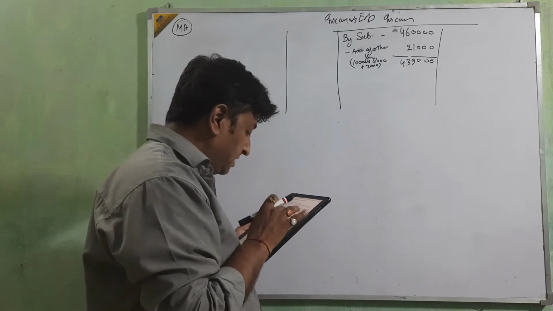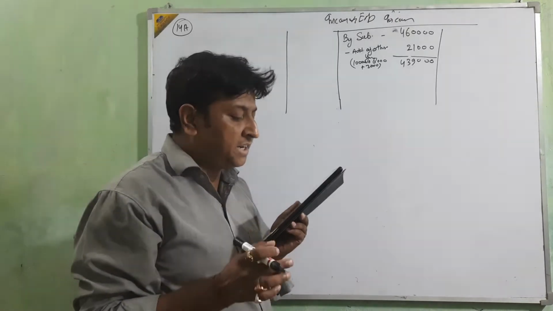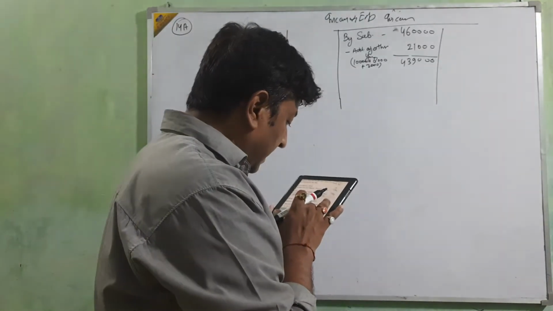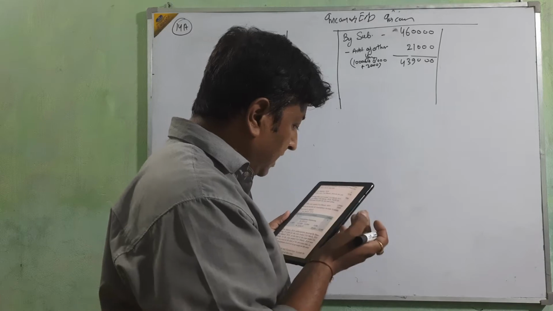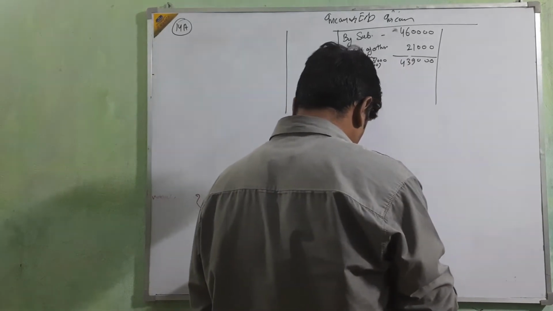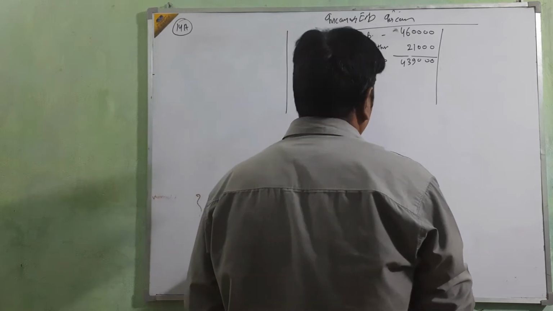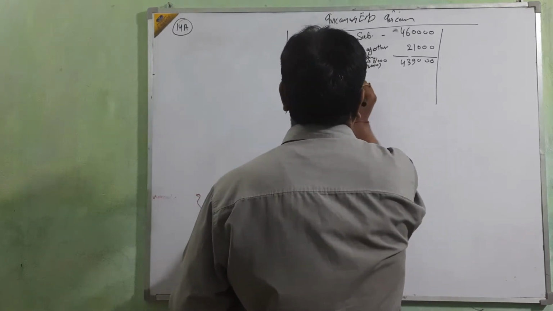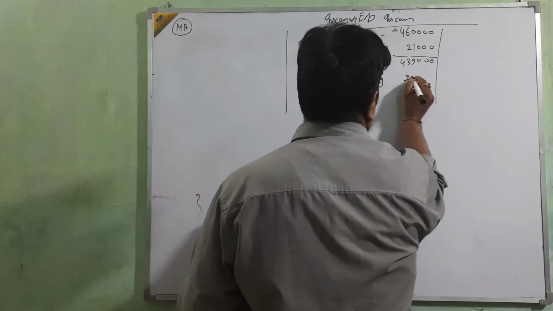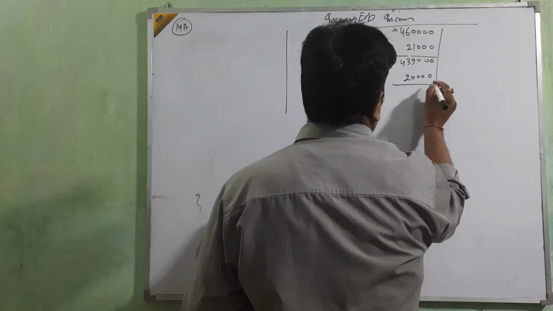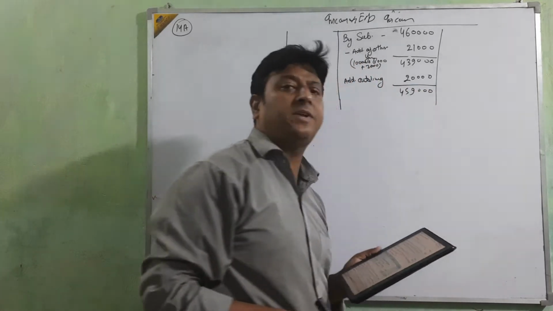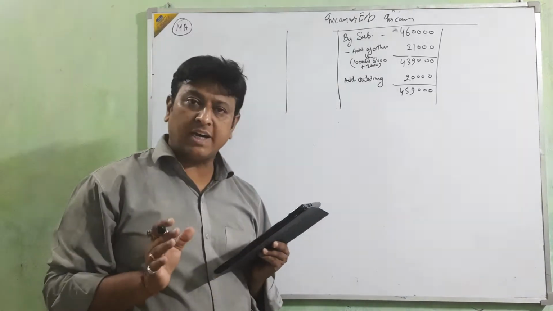Now next is the outstanding subscription. Subscription outstanding of the year ended 19 is 20,000. Going to add it there. Simple funda. Going to add this amount of 20,000 to this amount. Okay, beta. So add outstanding 20,000. The total is 4,59,000. Okay.